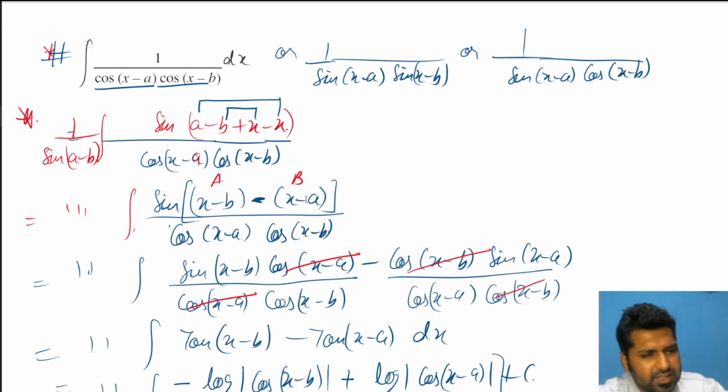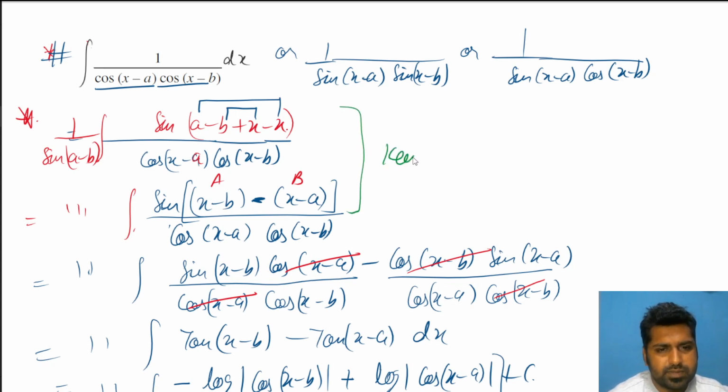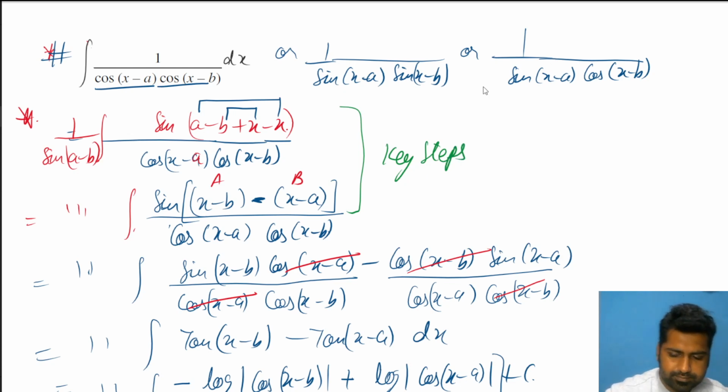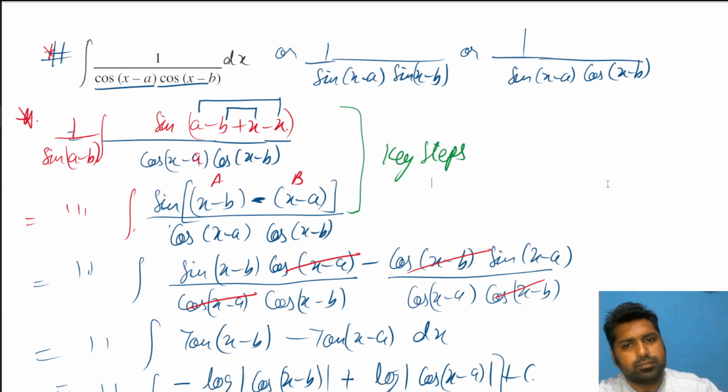Open the property of a minus b, cancel it, automatically the integration will happen. Only you need to know the first two steps. If you can write these two key steps for the other variations that I have mentioned, you can solve any question. There will not be a problem.